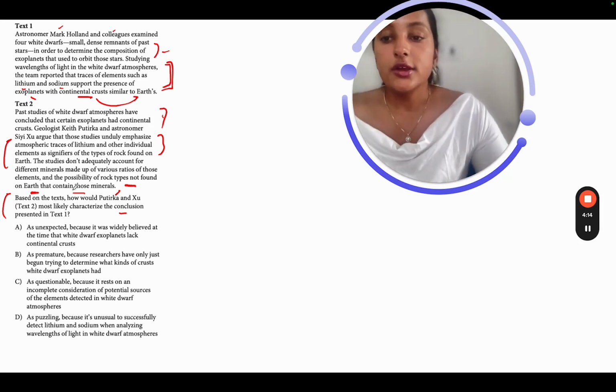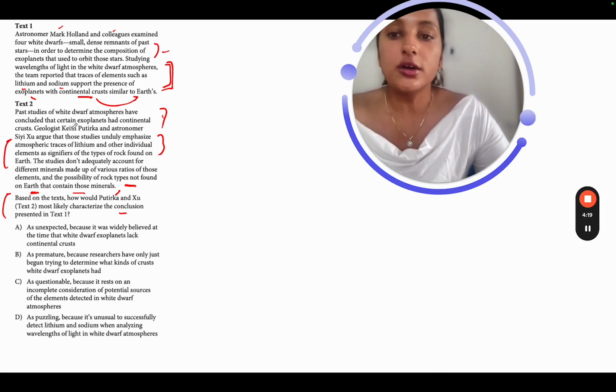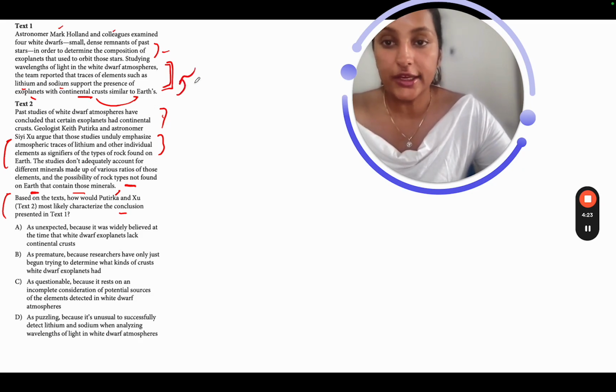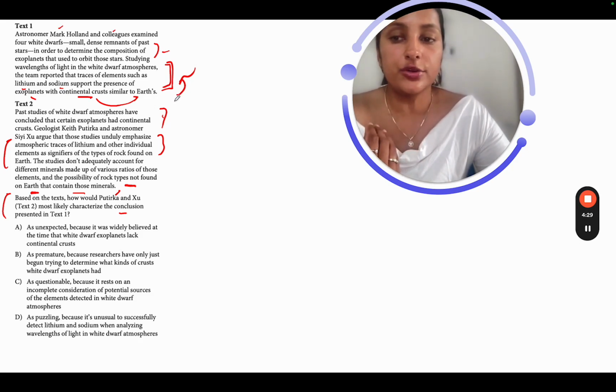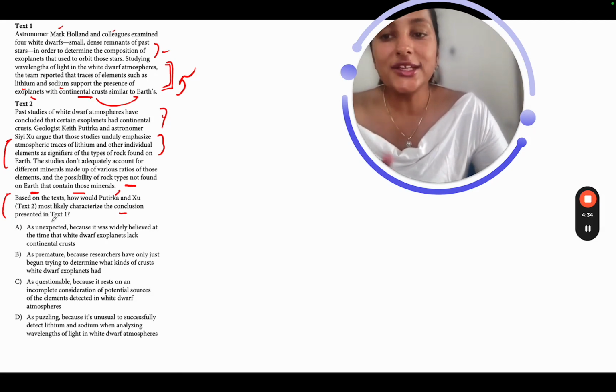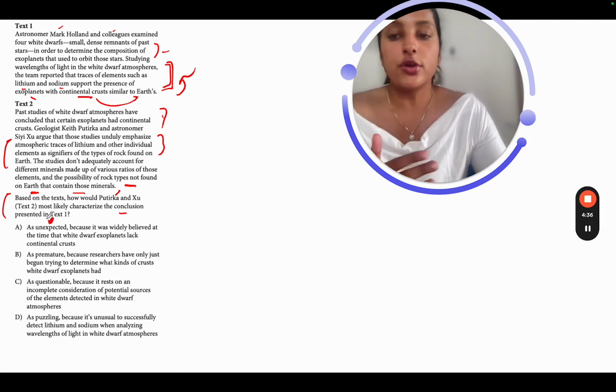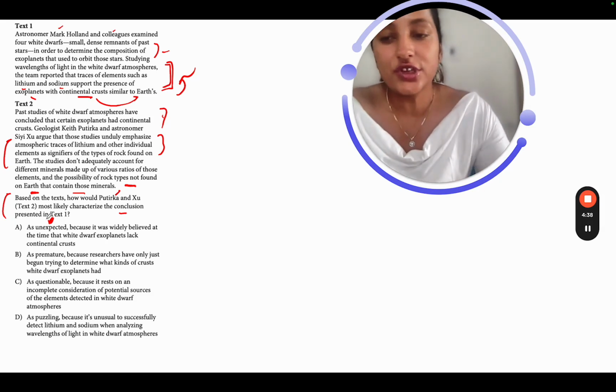All right, let's go to A now. As unexpected. So will P and X say that this particular conclusion is unexpected? I don't think so, right? I mean, the texts are negative. They are not along the same lines when it comes to the conclusion. But there's nothing about expectation, correct? But let's just read it ahead.